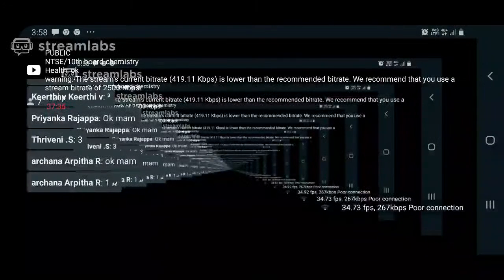Definitely then A is not ethanoic acid nor ethanol. So the second option is the right answer. Cleared? Should I repeat? Second option is the right answer. Shall we move on?